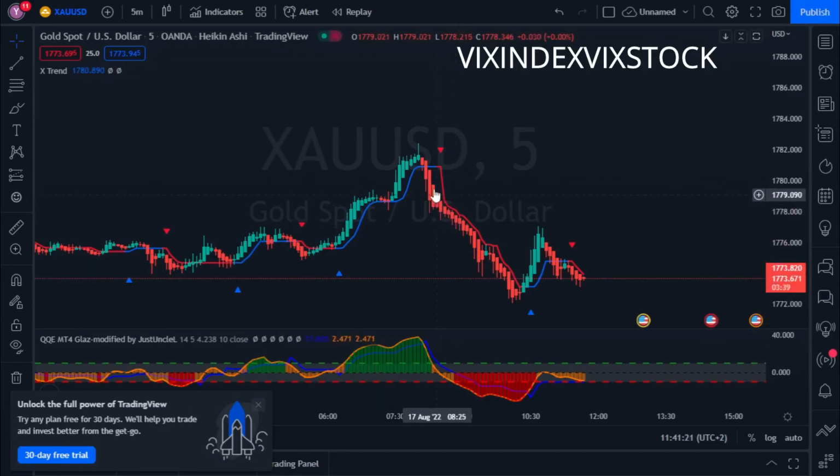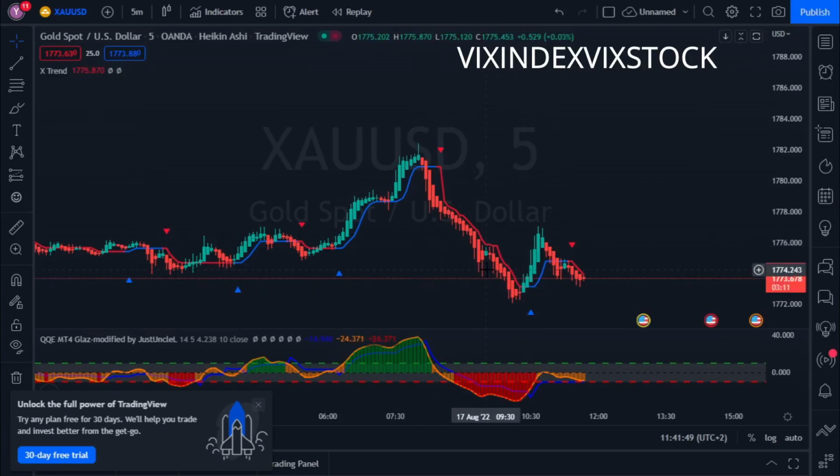We are not greedy. We are not just going to jump in randomly. We are going to wait for our system to set up really well. So we are going to enter a sell there, and we will wait for this to happen. The moment the blue pops out of the gold there, we get out. That's our signal to get out.